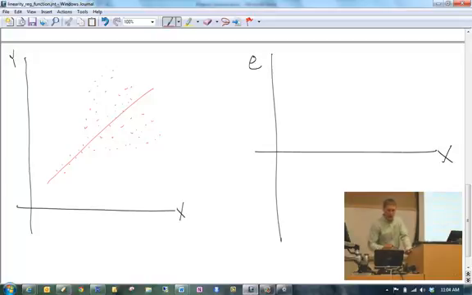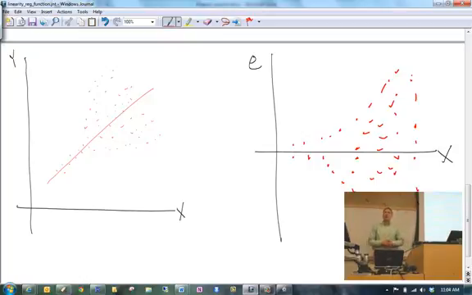So if we were to look at a plot of the residuals versus x, you would see something that looks like this, where, again, as a function of x, the variability of the residual changes. This is an example of non-constant variance, not a problem with the linearity. We have correctly specified x in this model, yes. The problem is with respect to this extra variability that we have as a function of x.